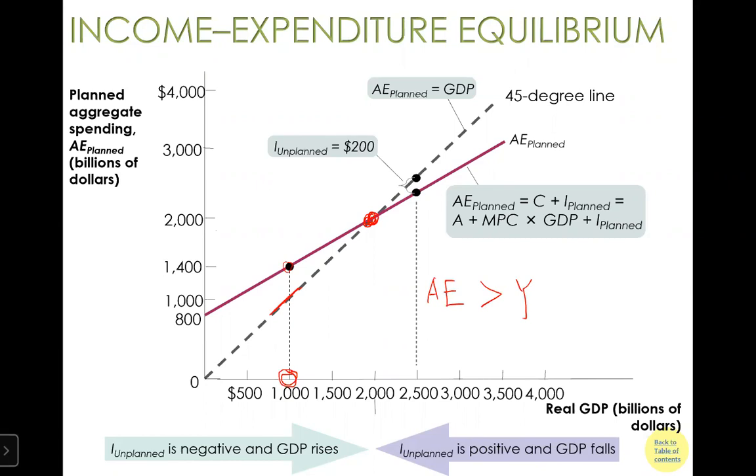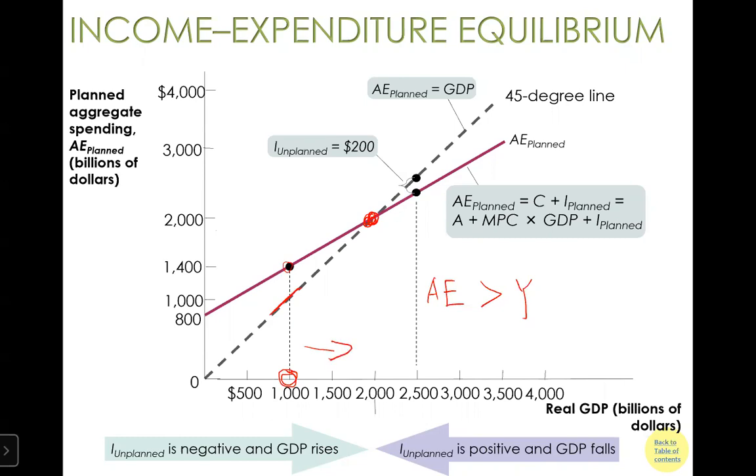The business is going to run out of inventory very quickly and cannot satisfy the demand from the households. They may adjust by expanding their business, so they produce more and move to the right hand side.